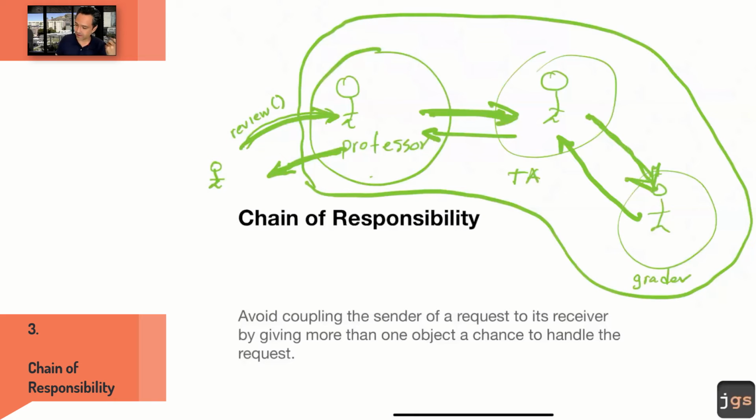And then the TA is going to reply to the professor, and the professor is the one that is going to reply to the student. This thing in the big green border is the chain of responsibilities, a common facade, and you can have a line, a chain of different objects helping you to process the request.